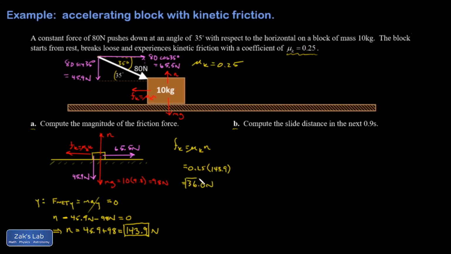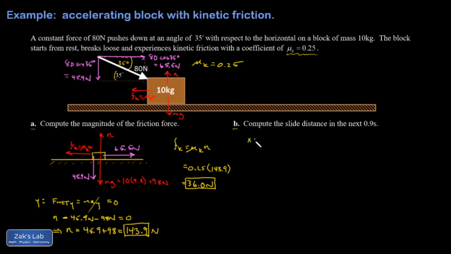So here I'm just being informal about significant digits. I'm just keeping 3 of them at every step. All right, so now I've got the friction force pointing to the left. I have the component of the applied force that points to the right. That should allow me to find the net force to the right, which in turn would allow me to find the acceleration. So we're getting into part B now.